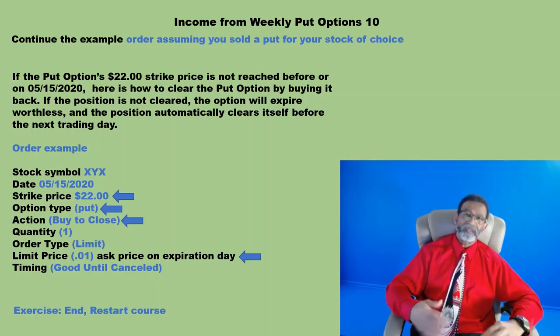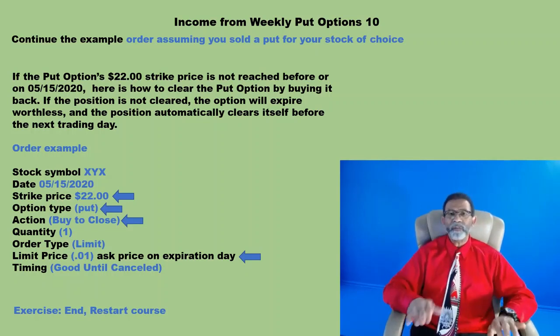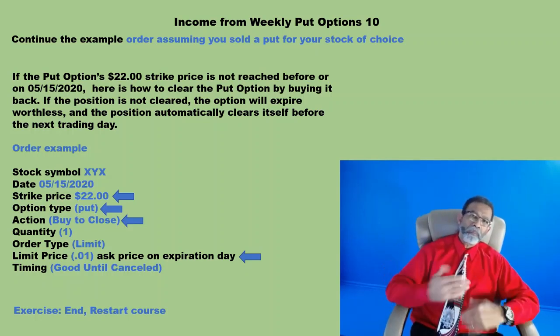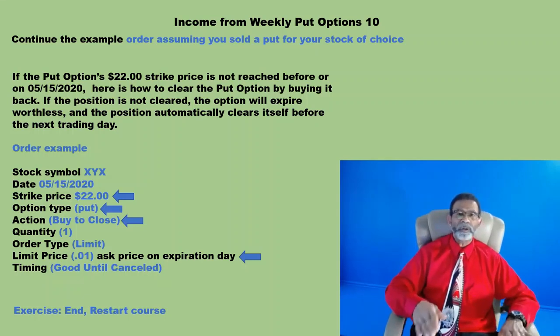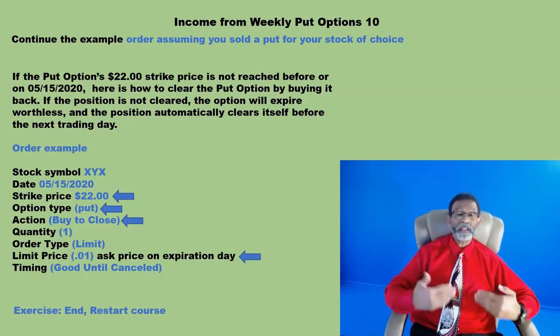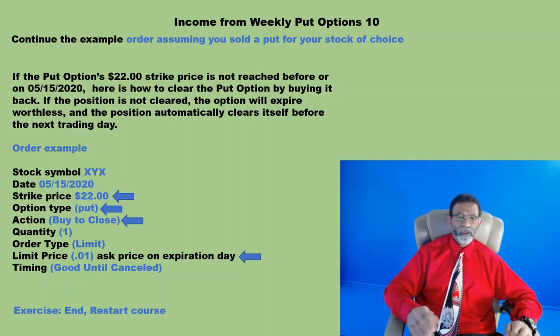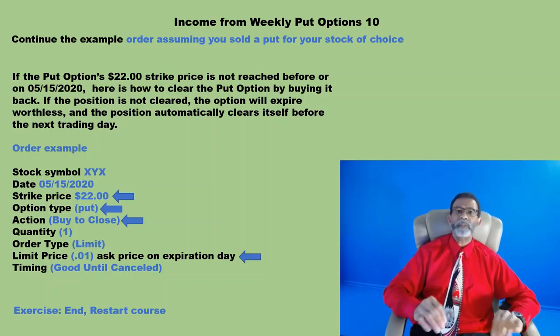In this case, if it expires on Friday, by Monday, the position will have itself already cleared completely out. Now, this order example shows how if you wanted to buy the option back and clear the position out before it expires on the expiration date, and you even could do this before the expiration date, but let's go through the example.